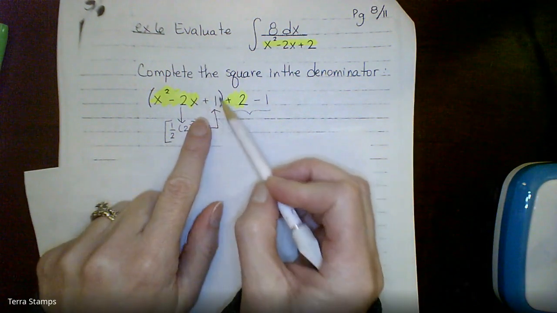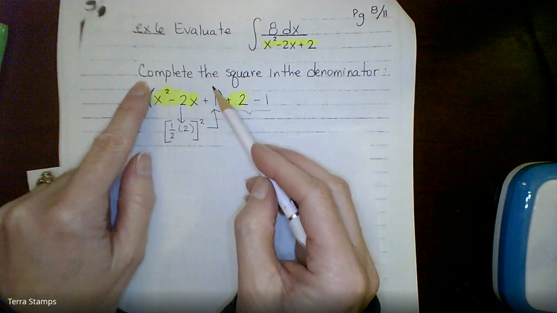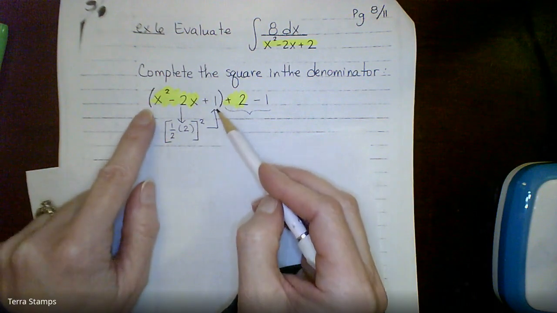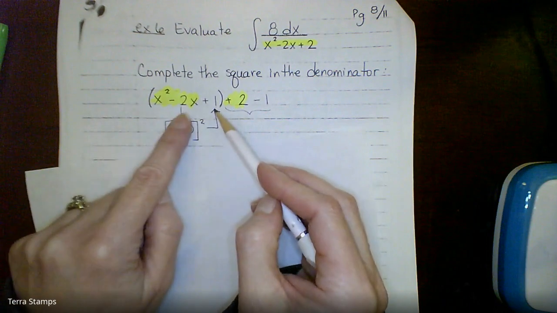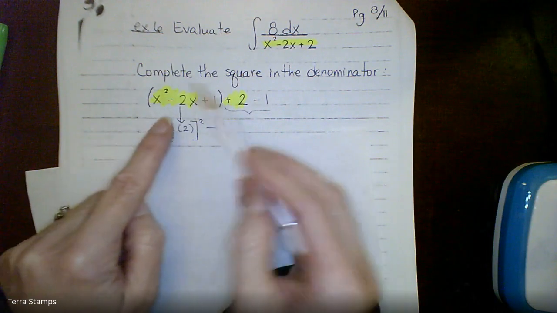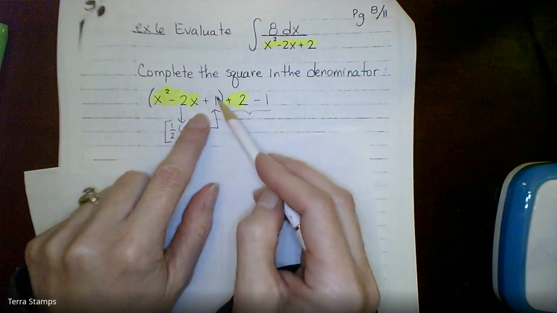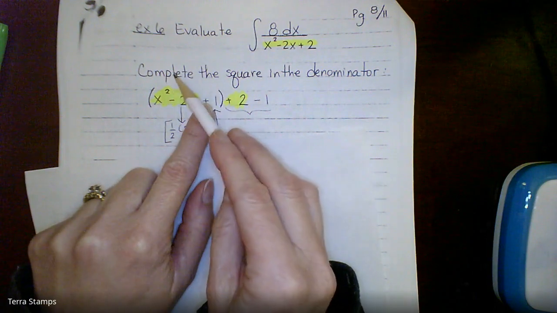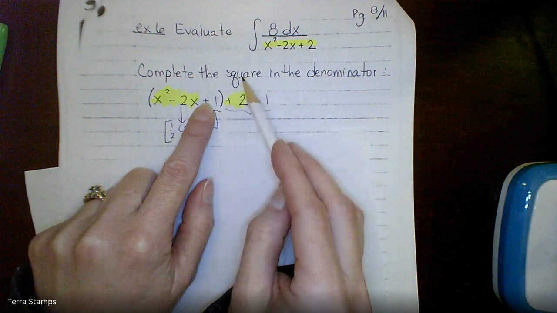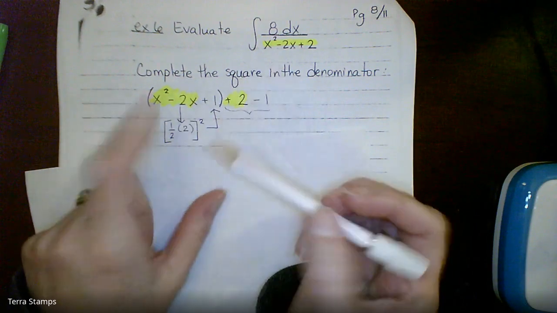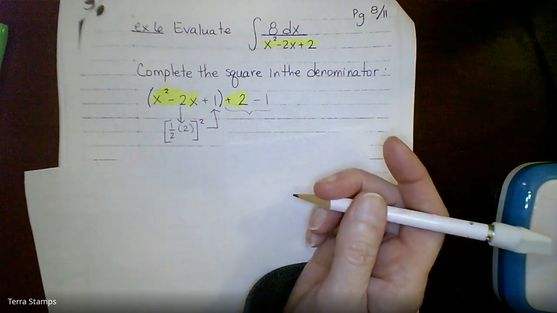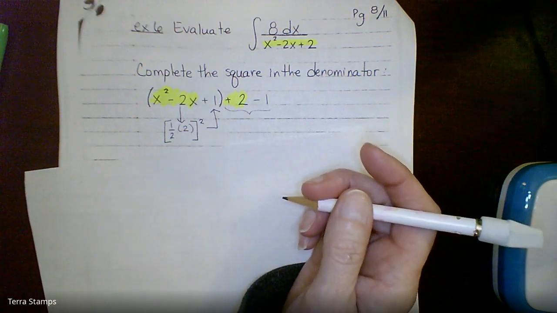I'm going to add a number in so that this trinomial will factor into something times itself, better known as something squared. So essentially, what can we put right here that will complete this square? Now, this number is not something that you just have to randomly pull out of thin air. There's actually kind of a process that we can use to find it.